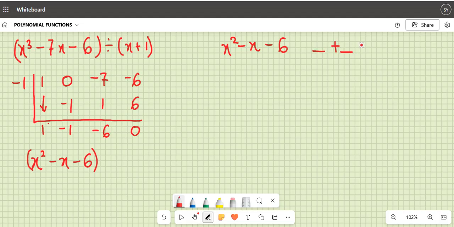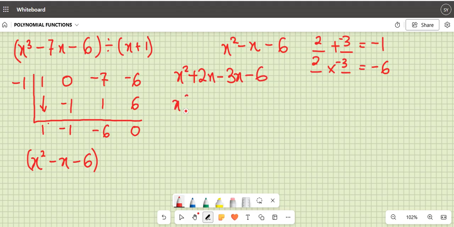We look for two numbers, the sum of which will give us negative 1, the product giving us negative 6. We can deduce 2 and negative 3. And so let's replace: x squared plus 2x minus 3x minus 6. x out, x plus 2, minus 3 out, x plus 2.